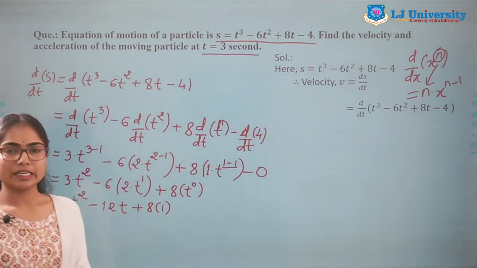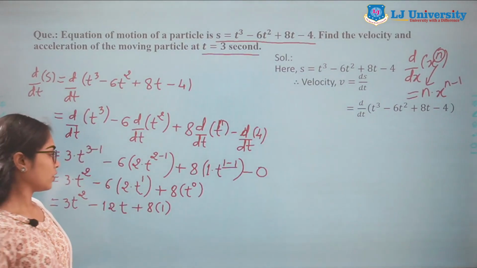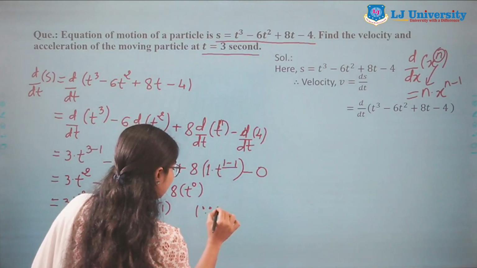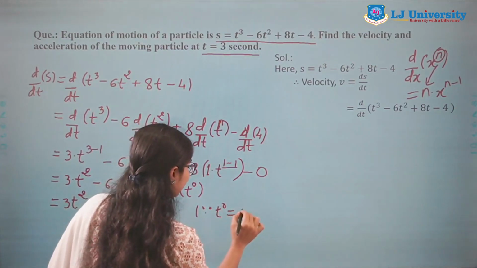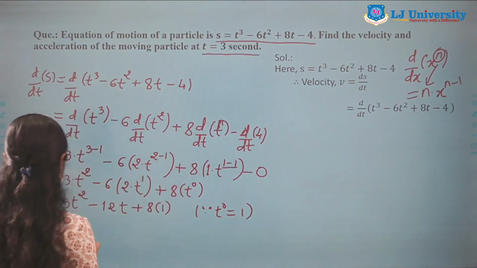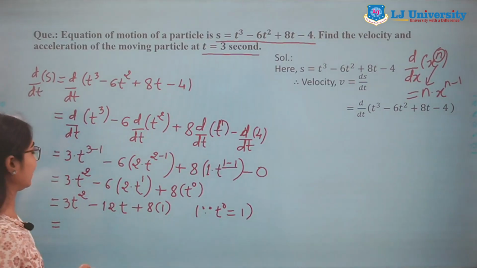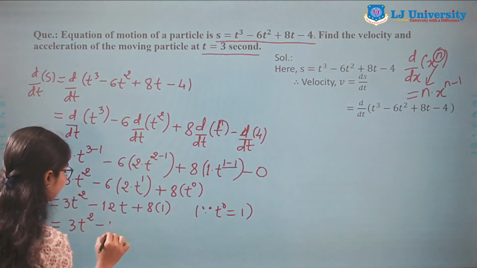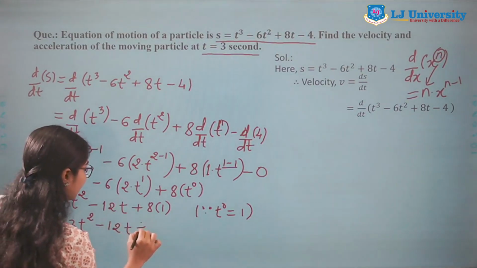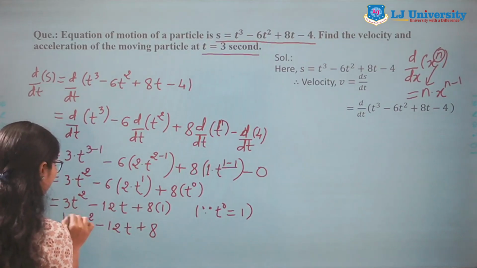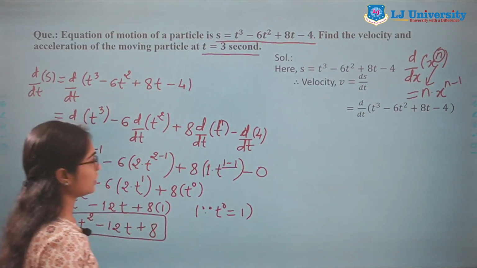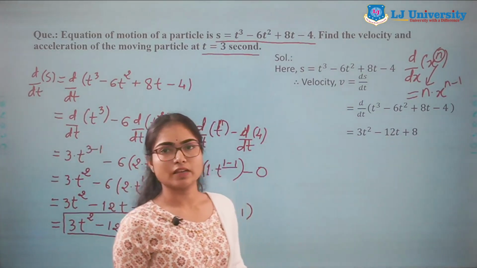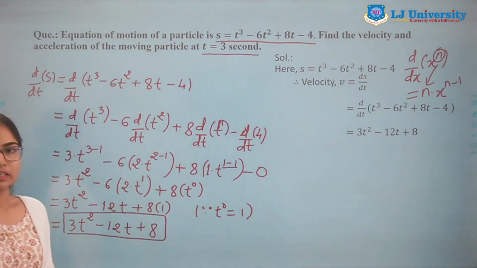We know that any number with power 0 is 1, since t to the power 0 is 1. So finally we get the equation of velocity, that is 3t square minus 12t plus 8. So here we get velocity v equals 3t square minus 12t plus 8.